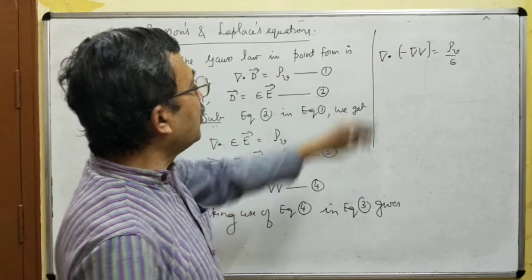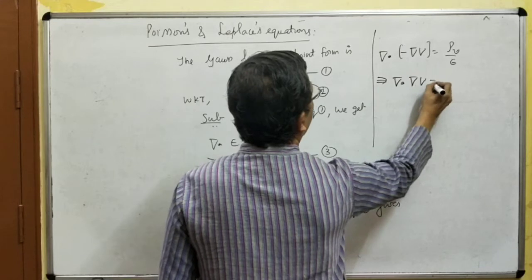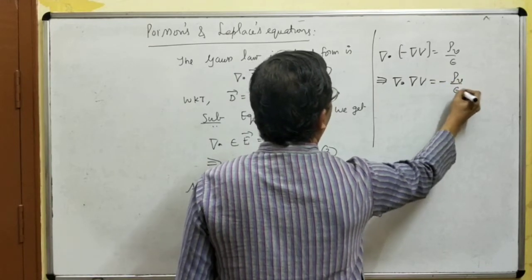Transfer the minus sign onto the right side. This implies del dot del V is equal to minus ρv by ε.